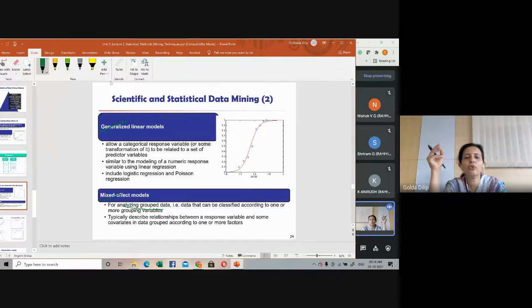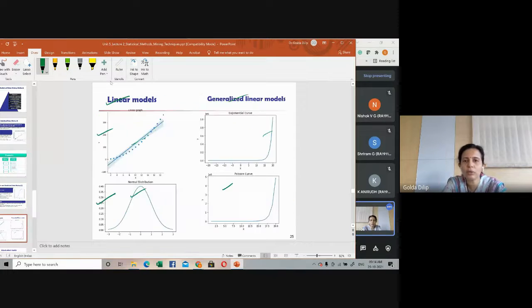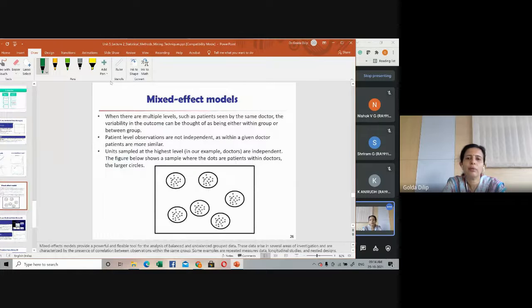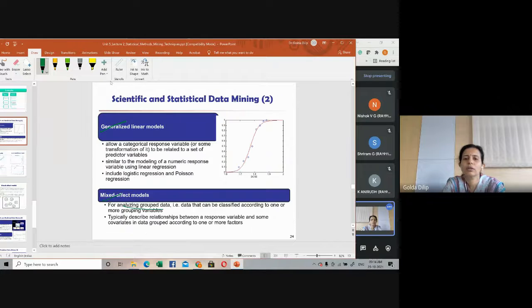That is when we call it a mixed effect model. It typically describes the relation between a response variable and some covariates in data grouped according to one or more factors.